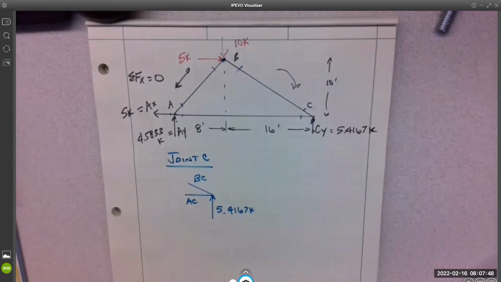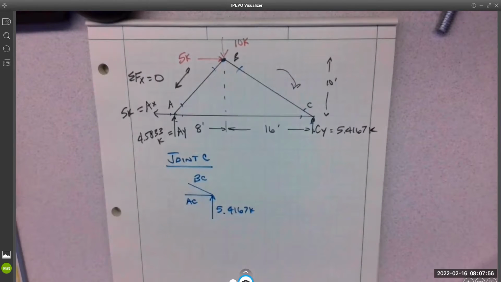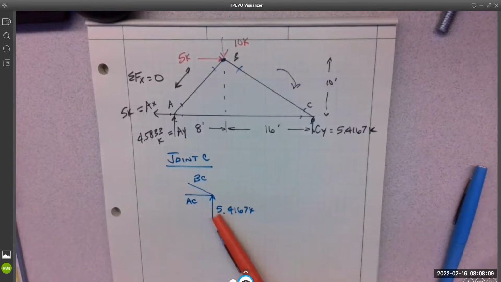Then we want to think through directions, okay? So the way to do that is to look at the direction where there's only one unknown, and that'll be helpful. And that would be which way, X or Y? Definitely Y, because we know this, right?